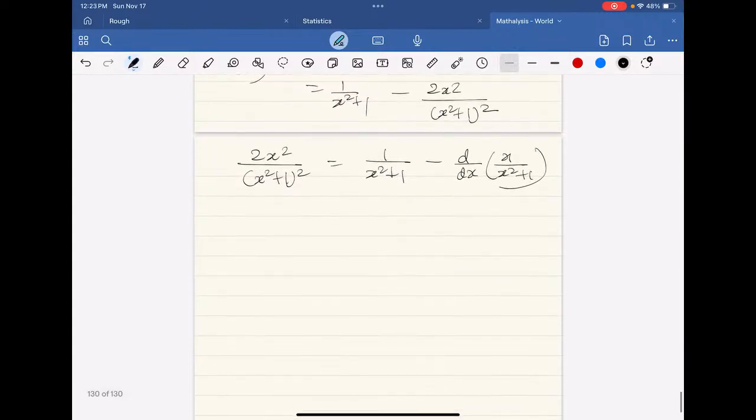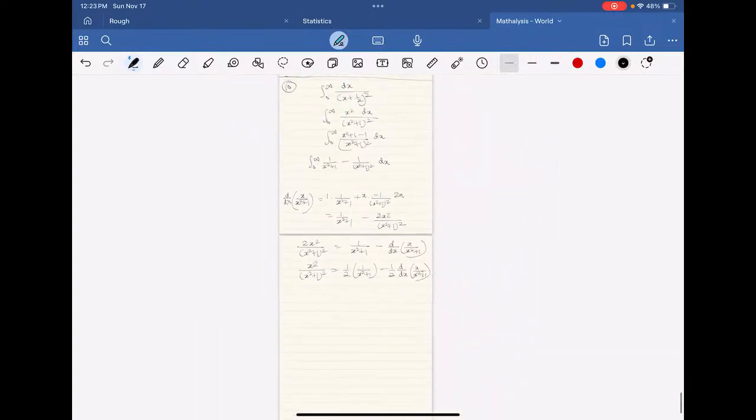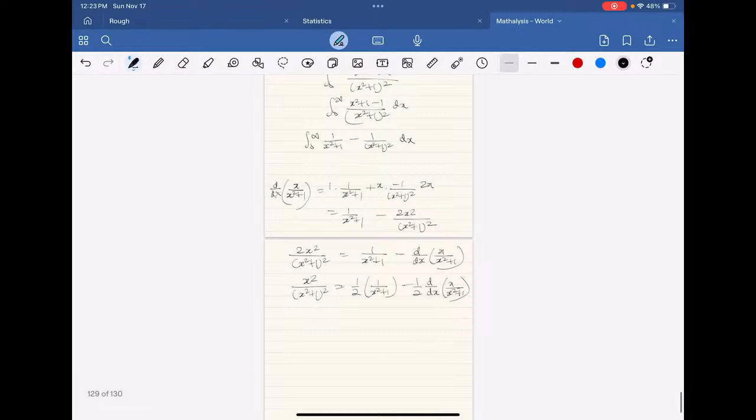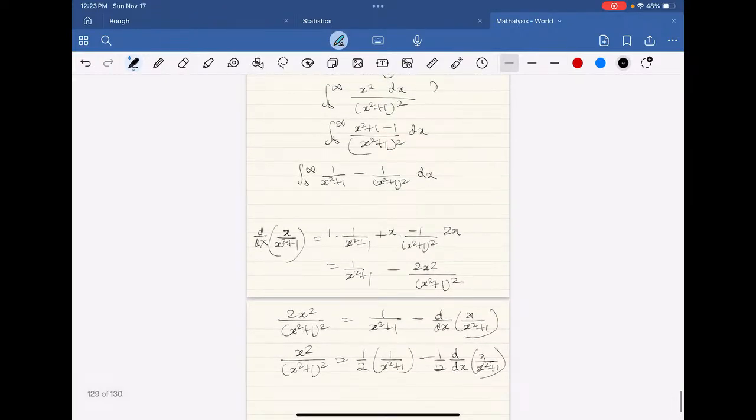I think I can make use of this now, because I know that x square by x square plus 1 whole square is just half of 1 by x square plus 1 minus half of the derivative of x by x square plus 1. Now I can substitute this in the original integral, because the original integral was also x square divided by x square plus 1 whole square, the same thing, right?